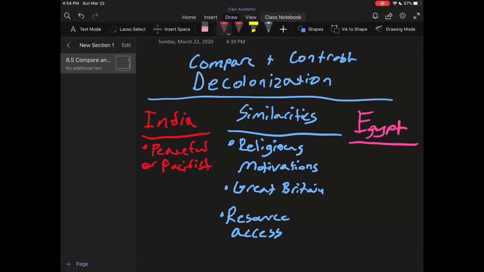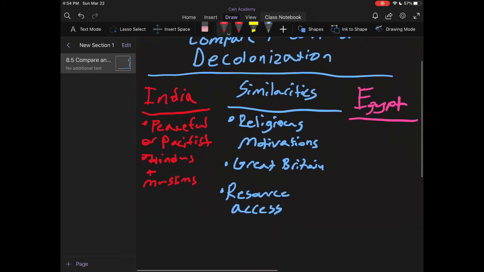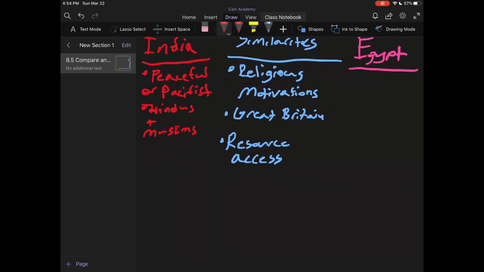India also has the double religion factor going on with both Hindus and Muslims, which results in both the Indian National Congress and the Muslim League, two very different politically minded groups that resulted in the third difference, two states, India and Pakistan.